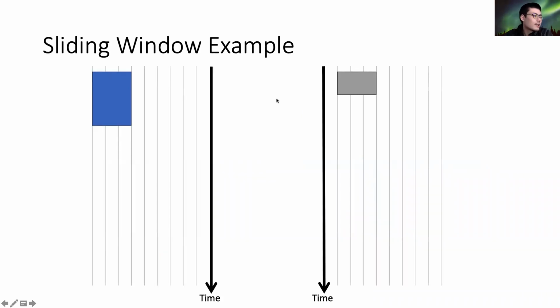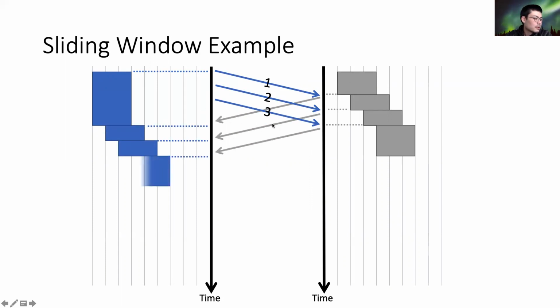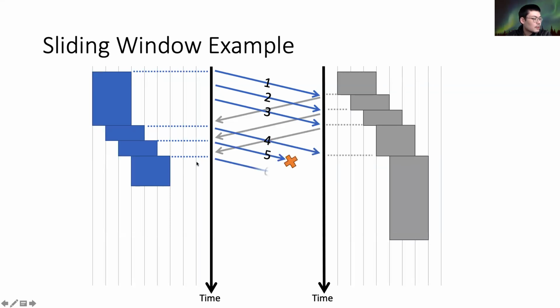So let's take a look at the sliding window example. Let's assume we have a packet here, and you segment it into 3: first, second, third. And the first will be acknowledged, the second will be acknowledged, the third will be acknowledged. So the moment the first segment is acknowledged, that means your window size is 3.